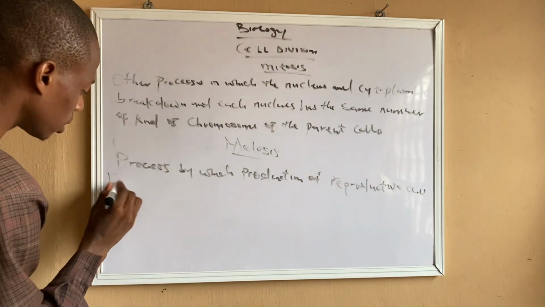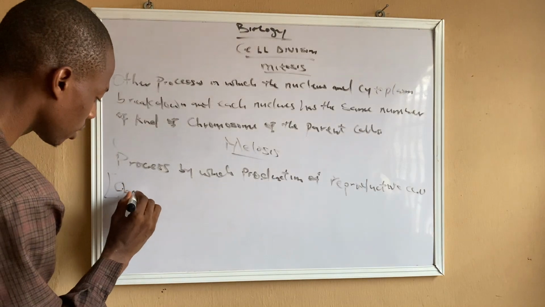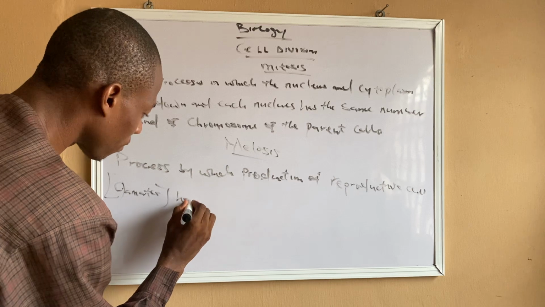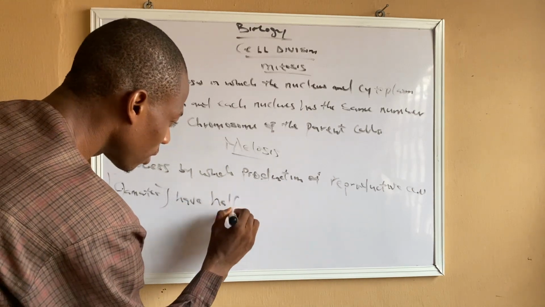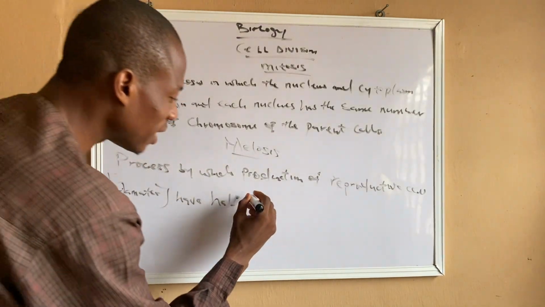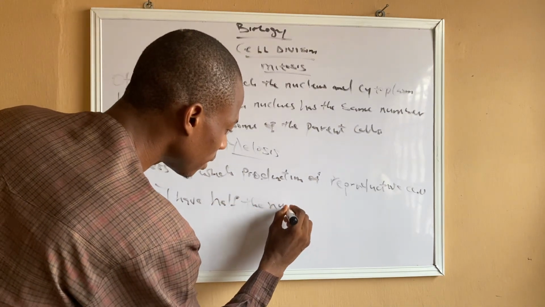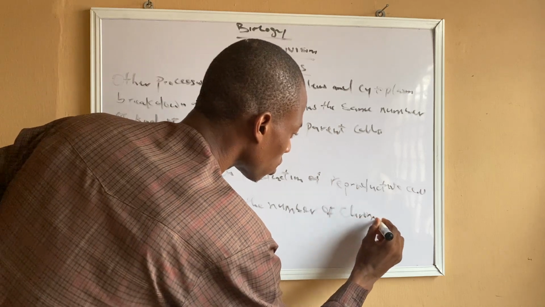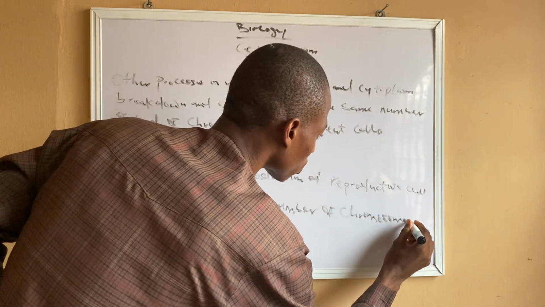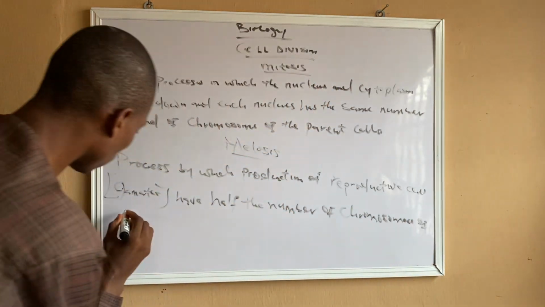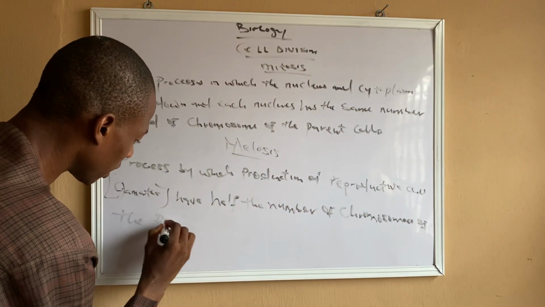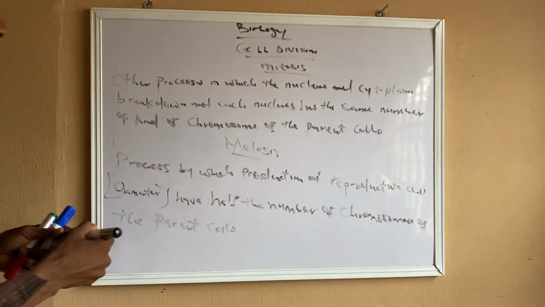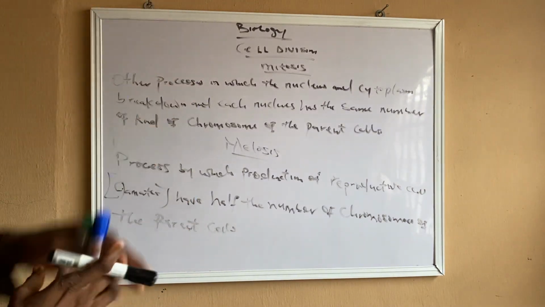We already know it is gametes. We are talking about gametes, right? They have half the number of chromosomes of the parent cells. That's it. It is entirely different.